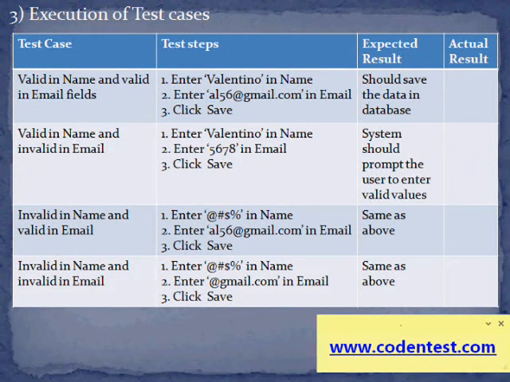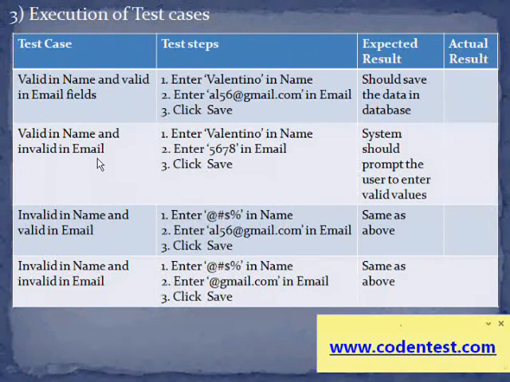We check whether these values are saved in the database or not. If they are saved, the actual result is same as expected result, isn't it? If not, we raise a defect because here expected result does not match the actual result.